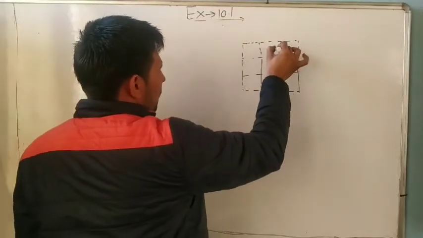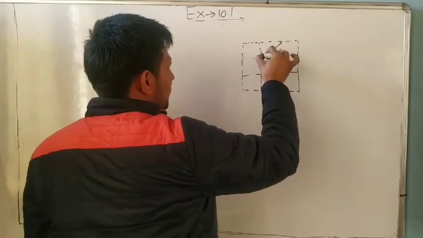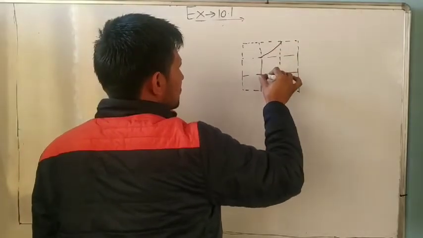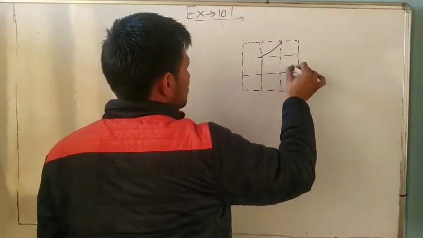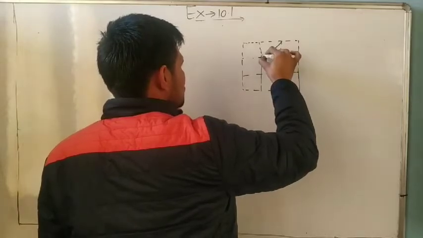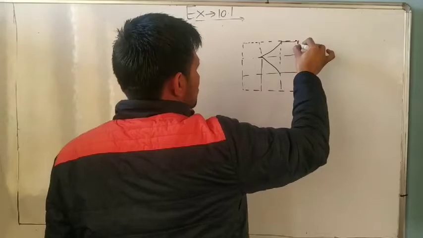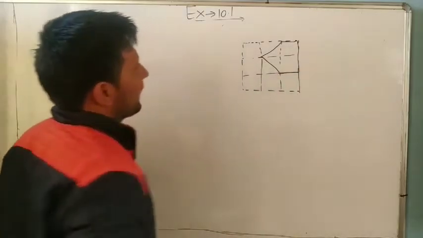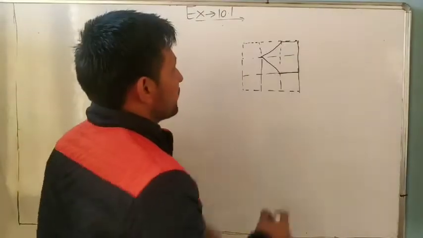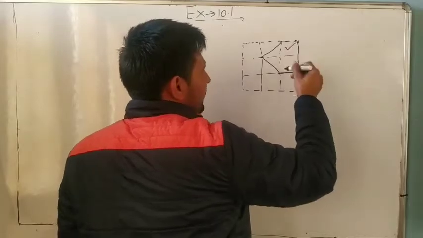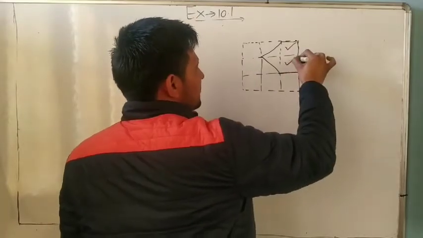Now suppose I ask you in this figure how many squares. You will say, sir, this one is complete, this is also complete, this one is also complete.